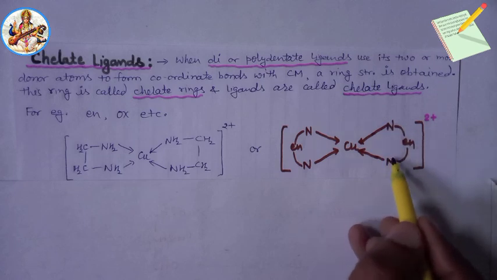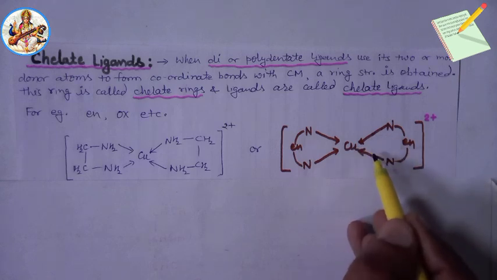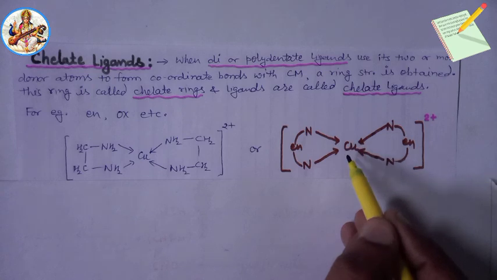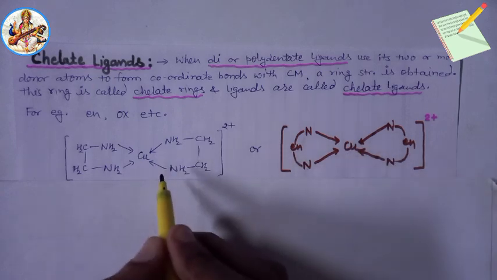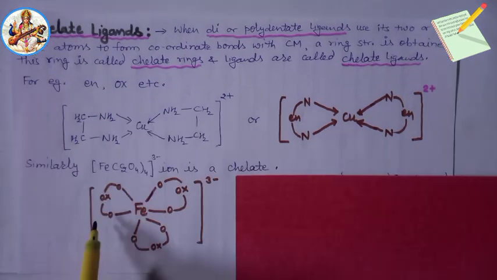Similarly, the nitrogens of en attach with the central atom by two dative bonds, and a ring structure is obtained. So ethylene diamine is a chelate ligand.